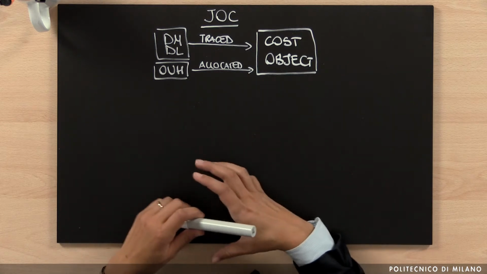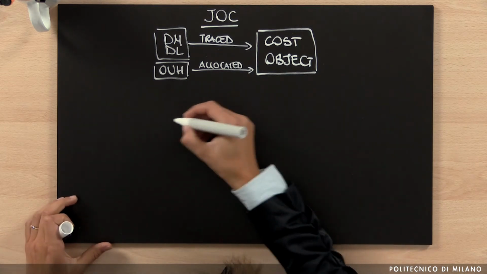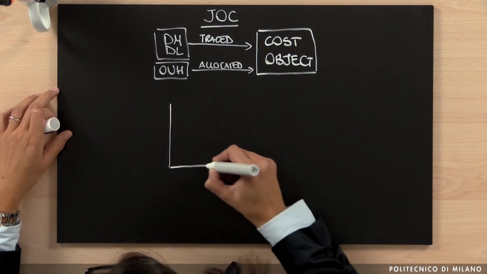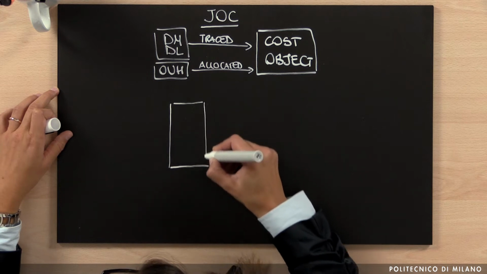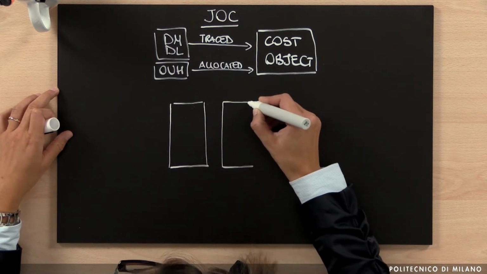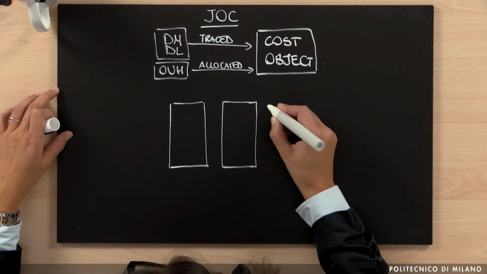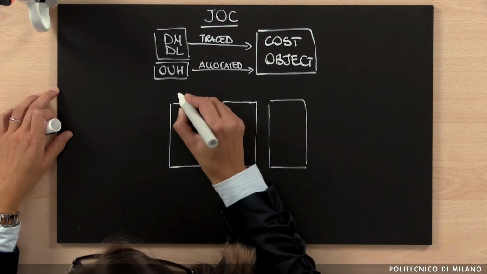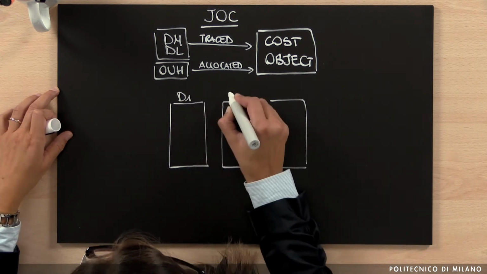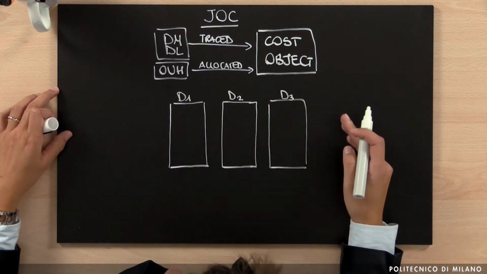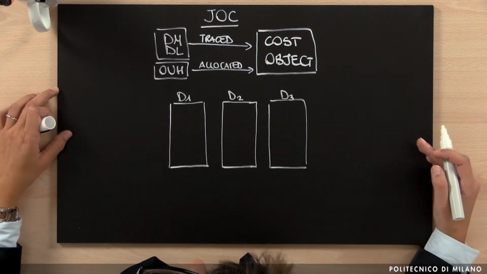We can graphically represent the way in which a job order costing system works. Usually we have different departments if we have a batch production, or different phases if we have a unique output requested by the customer. For example, assume we have department 1, department 2, and department 3, which can also be phases of a certain production process.